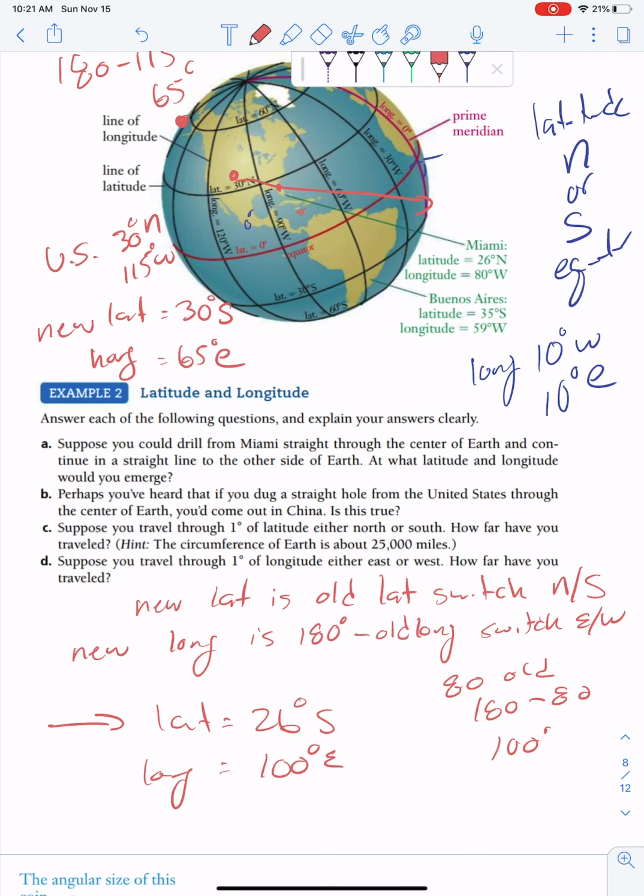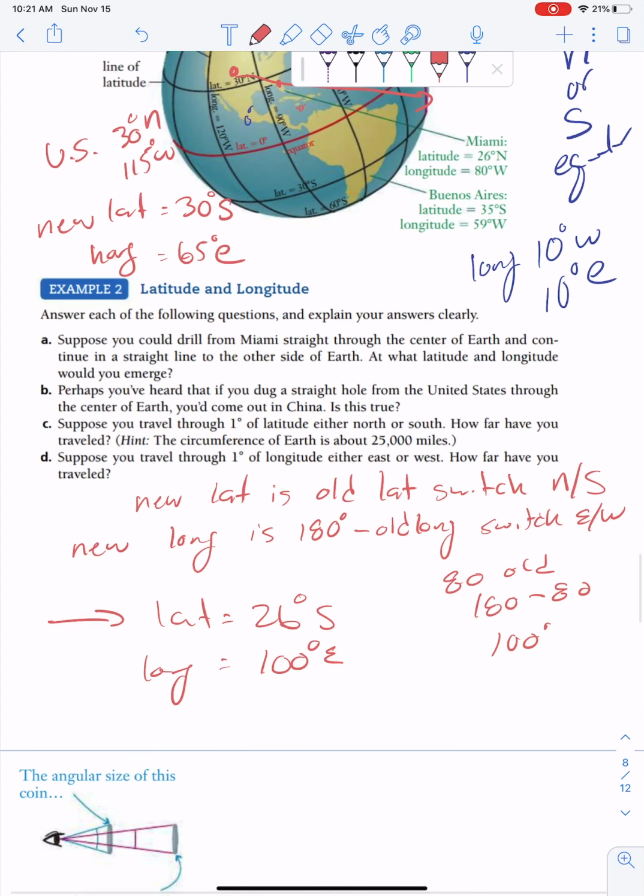Okay, part C. Suppose you travel through 1 degree of latitude. This is a good question. How far have you traveled? So basically what it's saying is if I'm walking along the earth and I walk 1 degree, how far have I gone? What is that distance? Well, all the way around the earth is 25,000 miles. And I'm just traveling 1 out of 360 degrees around the earth.